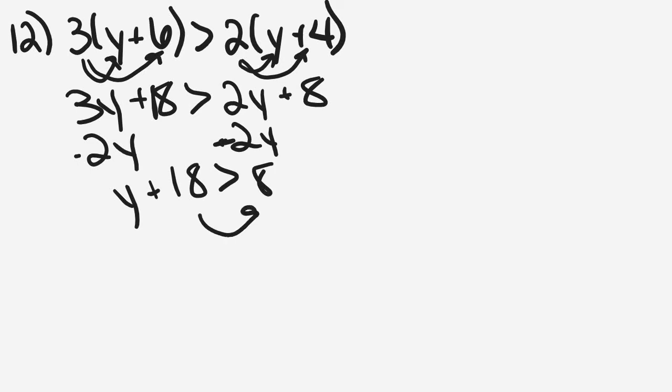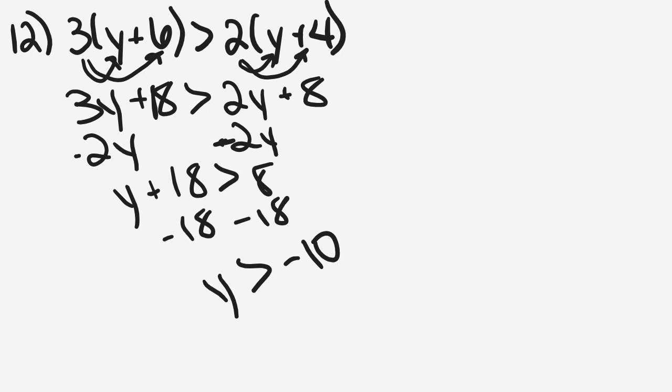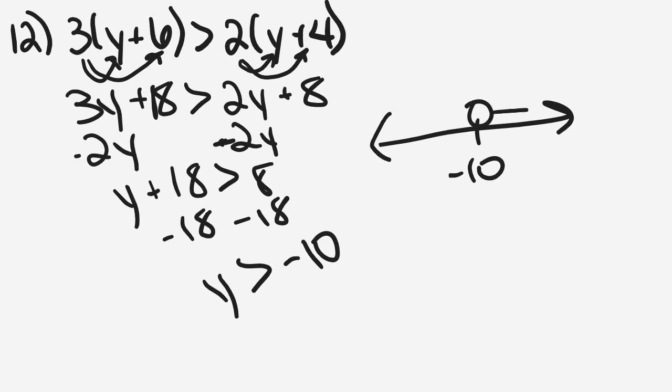All right, now let's move 18 to be with his friend 8 over here. So we do minus 18 minus 18. We get y is greater than negative 10. All right, and if we were to graph that, here is negative 10. It is an open circle, and we want all the y's bigger, so that way.